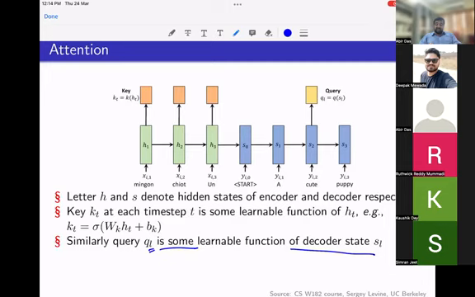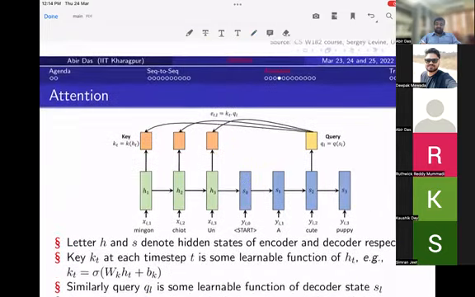I am using T for indexing time on the encoder side, and L for indexing time on the decoder side, as well as using H to denote the encoder hidden state, and S to denote the decoder hidden state. So QL, similarly, as K was a function of H, Q is a function of S, and similarly, it's a very much learnable function.